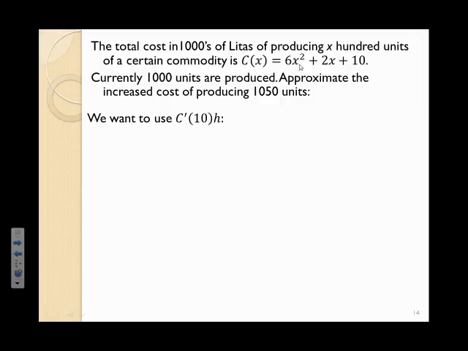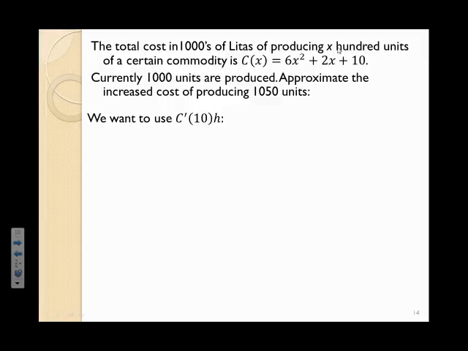So when we put 10 into the formula, we will be finding the value. Even though X is 10, it's in hundreds, so we know that that's going to mean 1,000 units. The key to this is if X was in thousands of units, then we would take whatever our current amount is and divide it by 1,000.